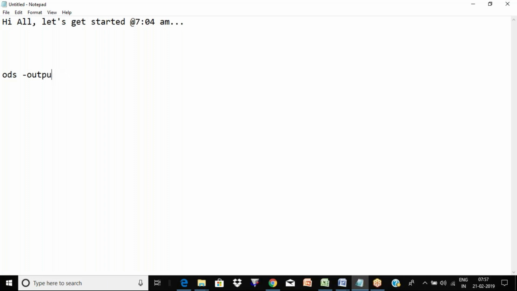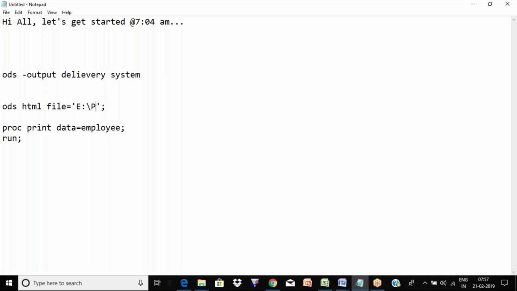It lets us present data in different formats, like HTML. Let's say you are doing proc print. You are aware of proc print, right? When we run this, it will go to the output window. But sometimes if you want this exported to an HTML, in SAS we write ODS HTML file equals, say, in the E drive under projects, emp.html. Then we close it with ODS HTML close.